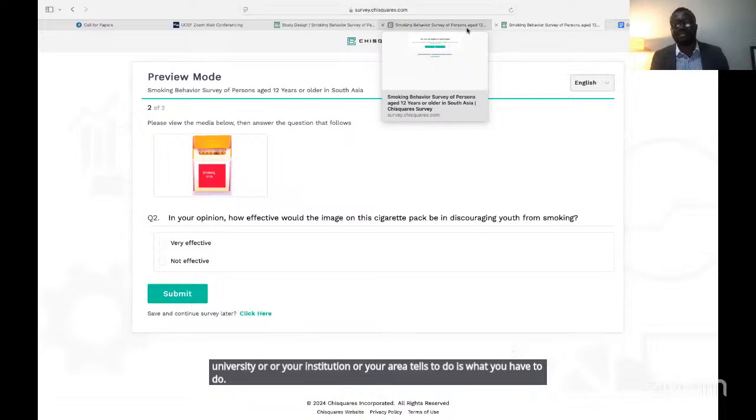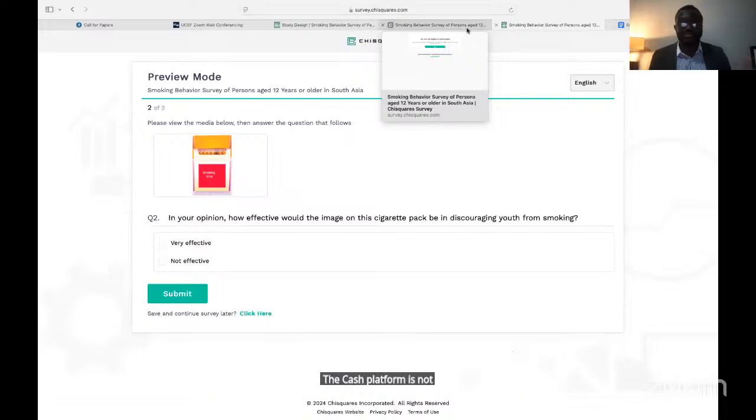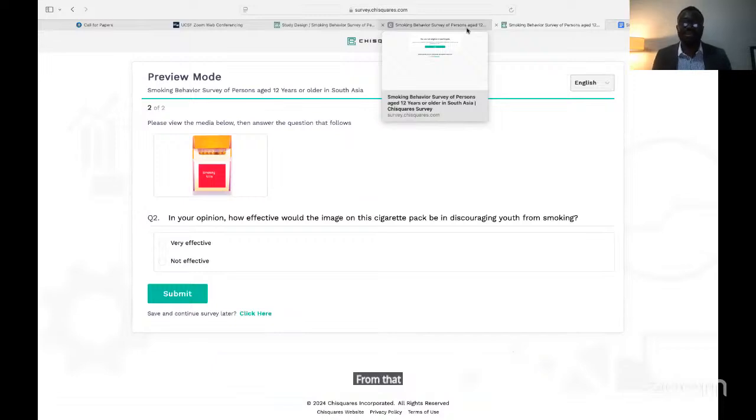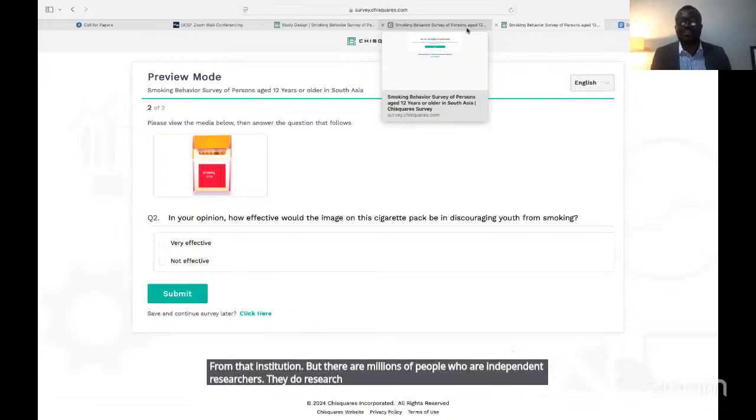The Chi-squares platform is not just built for academics. It's built for people who do not belong to any academic institution. Obviously, you need to be in an institution to take advantage of arrangements like ethical review boards from that institution. But there are millions of independent researchers who do research but are not part of an institution.